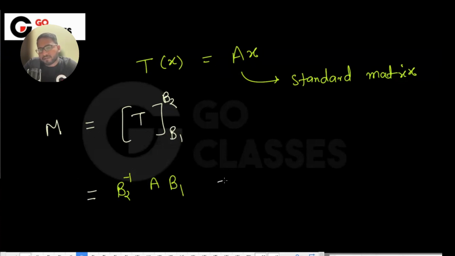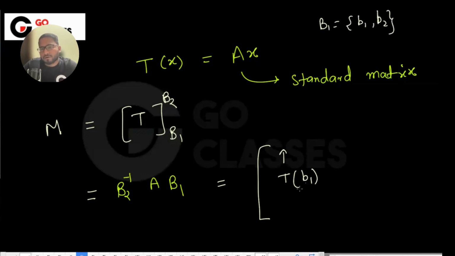Also, which is the same as, you can say, the transformation of the input basis. Let's suppose this is B1. So the input basis is B1, B2, right? Is this correct? Is this the same as this? Tell me quickly. No, right? So here it will be with respect to B2.